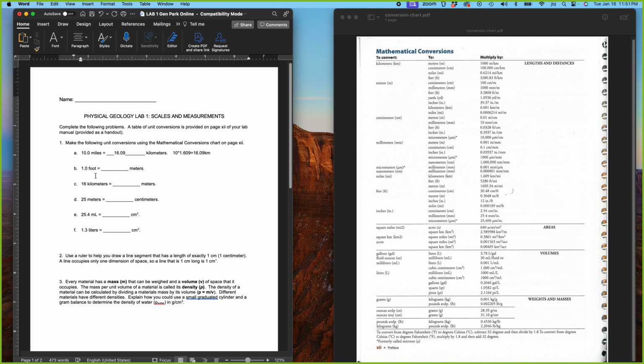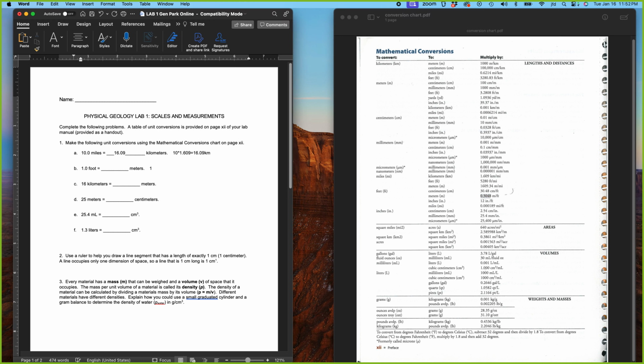I'll do one more with you guys. So 1 foot equals how many meters, all right? 1 foot, all right? So we go over here on the left, we find feet, all right? So feet is right here. We want to convert feet to meters, all right? What we're going to do then is multiply it by 0.3048, all right? Let's show our work.